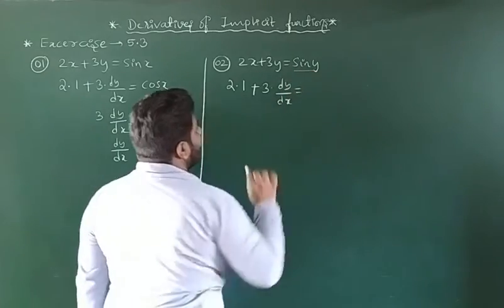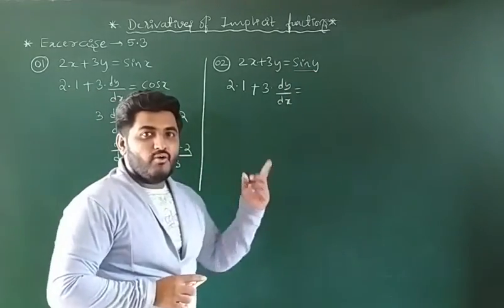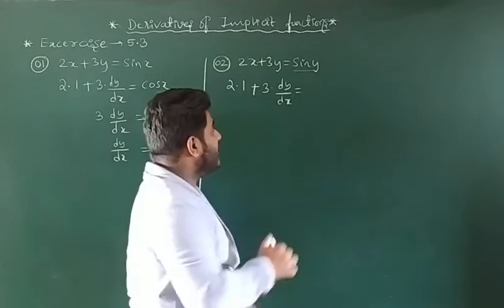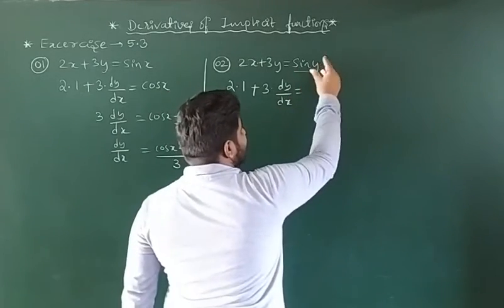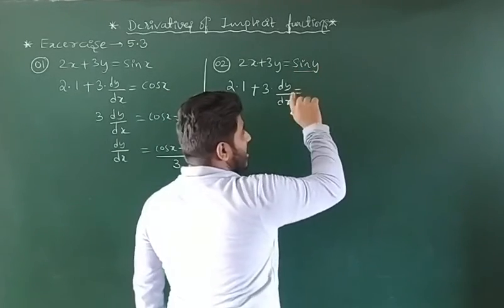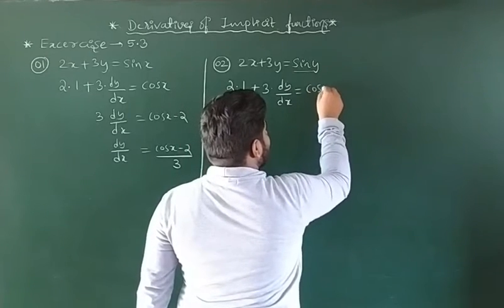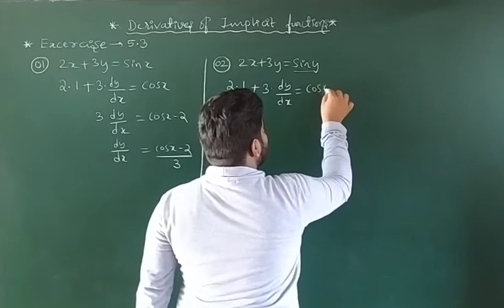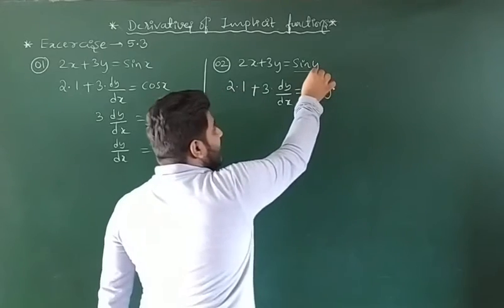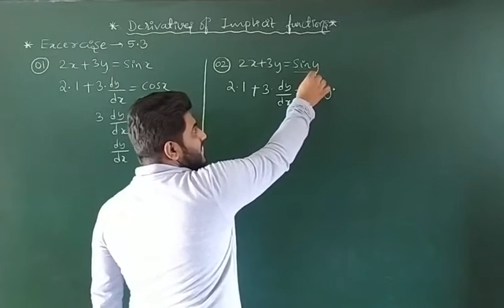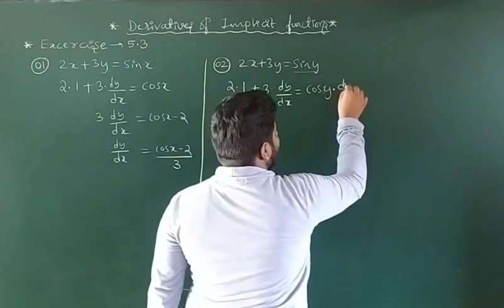Now we differentiate sin y with respect to x. Treat this as sin x, whose differentiation is cos x, but in place of x we have y. So write cos y into. If x were there, it would end here, but here it is y, so we have to take the derivative of y also.